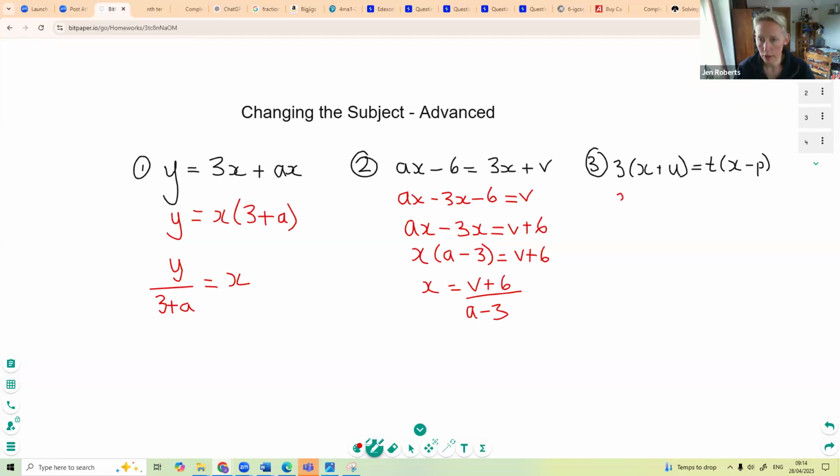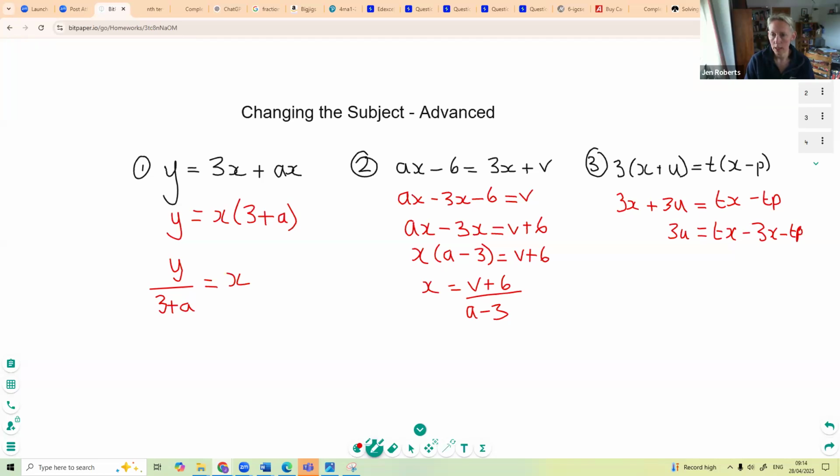First step here, expand your brackets. Next, get everything with an X on one side, everything without an X on the other side. I'm going to bring my X's onto the right-hand side this time, but again, you don't have to, you're just going to have a slightly different answer. So I will take 3X off both sides. I don't want this TP over here.